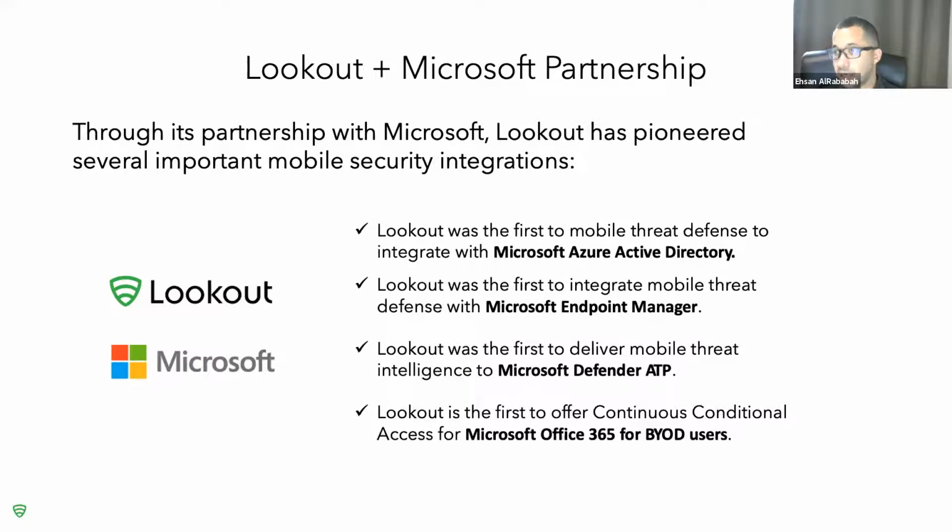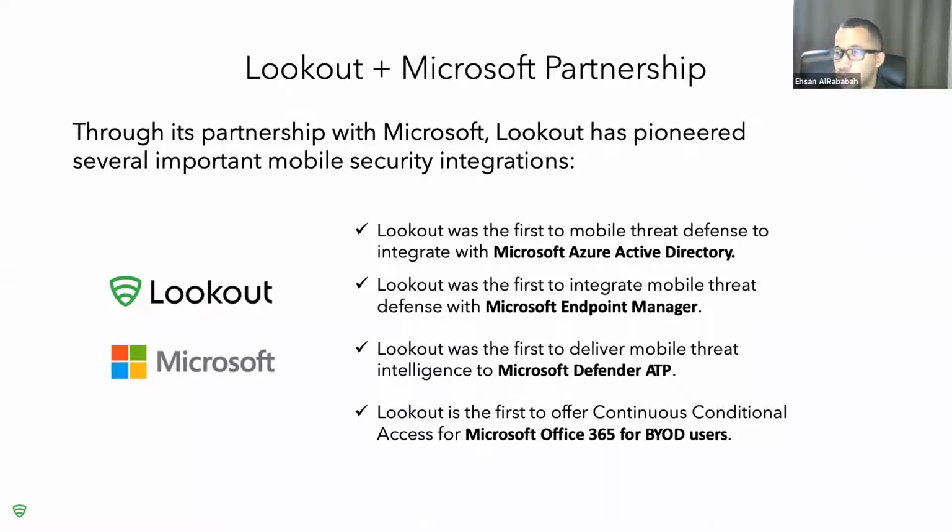That's really important because, as we know, the majority of users of Office 365 services are coming from unmanaged variants of their devices. So you need a proper security model for these unmanaged variants to help protect against all the possible threats.